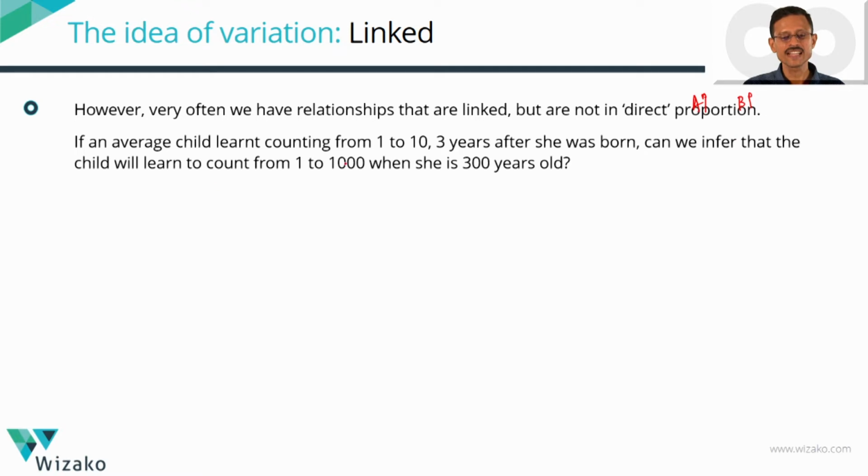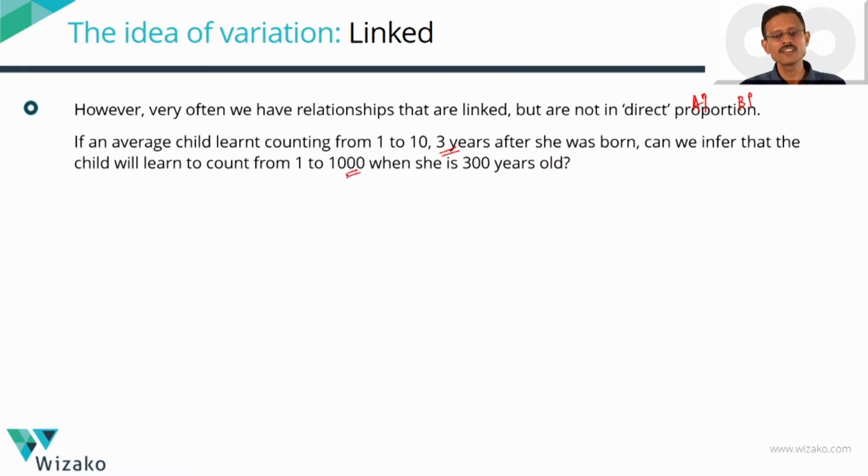Let's say a child takes 3 years to learn to count from 1 to 10. From the time a child is born, she will take 3 years by the time she counts 1 to 10. So can we extrapolate that if she has to count from 1 to 1000, instead of 1 to 10, we have increased the count by 100 times?